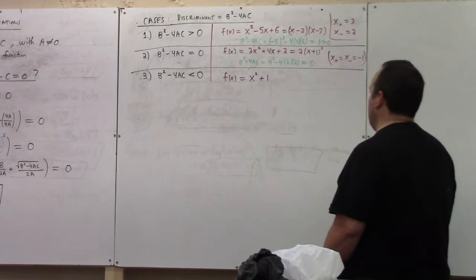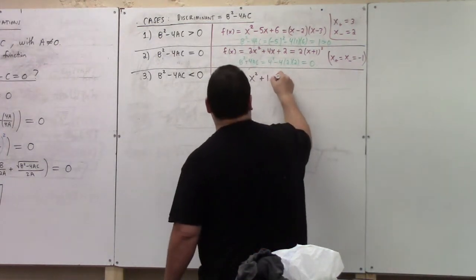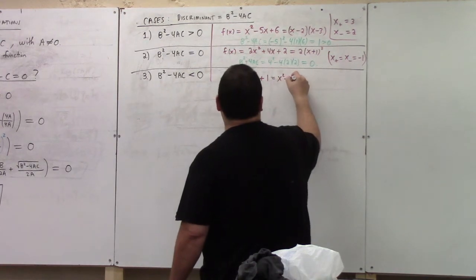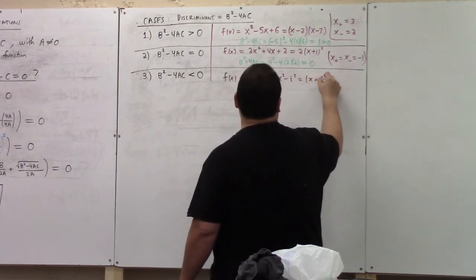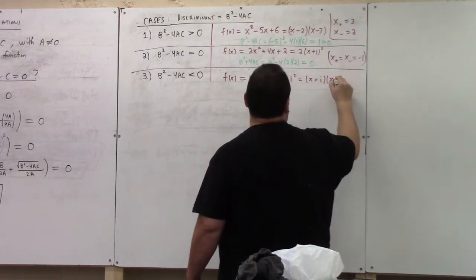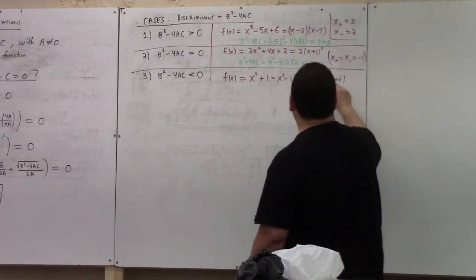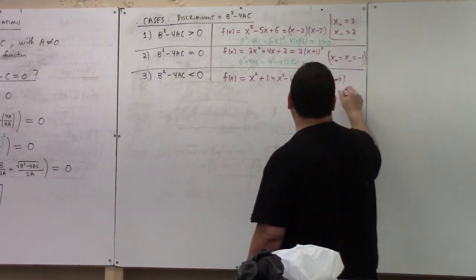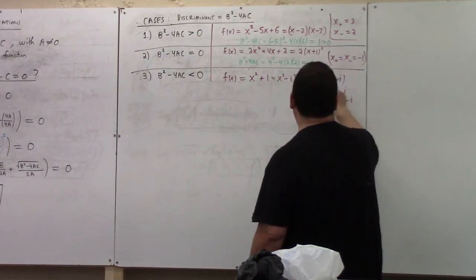All right, so in this case, to factor it, you actually need to look at that as like x squared minus i squared. So the factoring is involving the complex, the imaginary number i. So you get like x minus i, x plus i. In this case, x plus is equal to i, and x minus is equal to minus i.